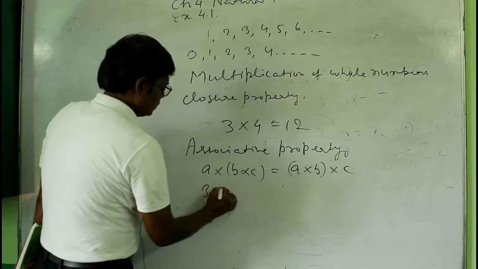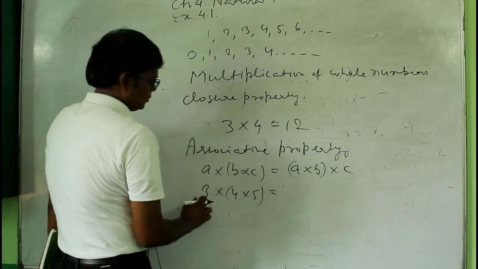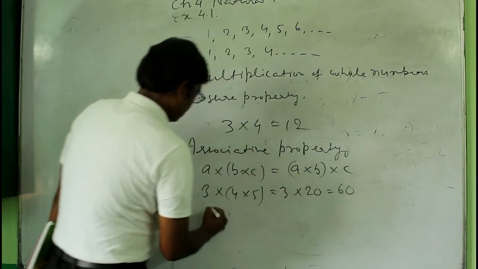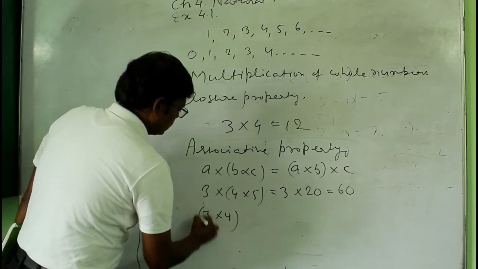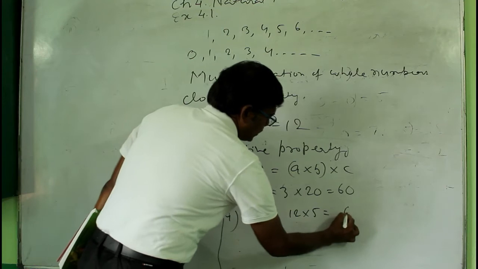For example, 3 into 4 into 5 equal to how much? It will be 3 into 20 equal to 60 here, and next is 3 into 4 into 5 equal to 12 into 5 equal to again 60 here.